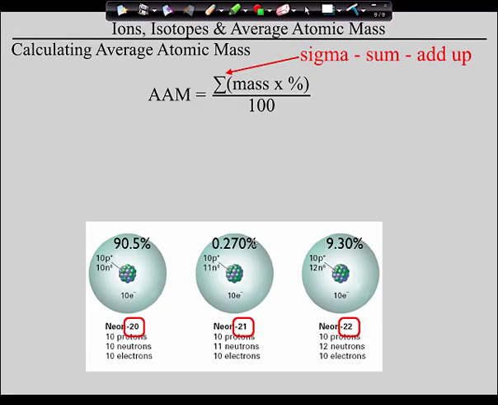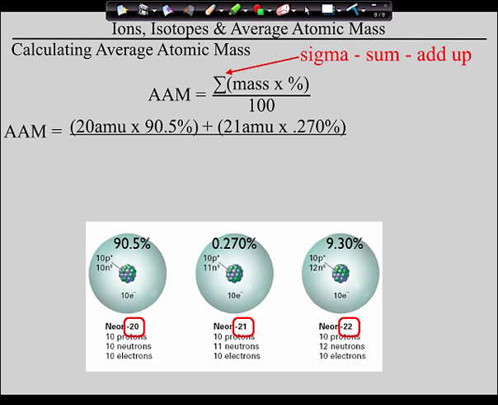So guys, what are the masses? Well, in this case, they're 20, 21, and 22. What are the percentages? Well, in this case, they're 90.5, 0.27, and 9.3. So we're going to do the math. And guys, it looks like this. You ready? Average atomic mass is equal to 20 atomic mass units. And guys, watch units. These masses are in AMUs. 20 atomic mass units times 90.5%. There is our first mass times percentage. What are we going to do now? The next one, and we're going to add them together.